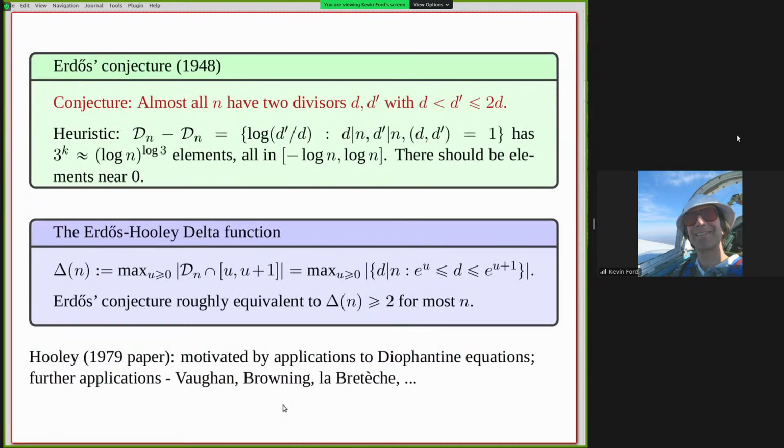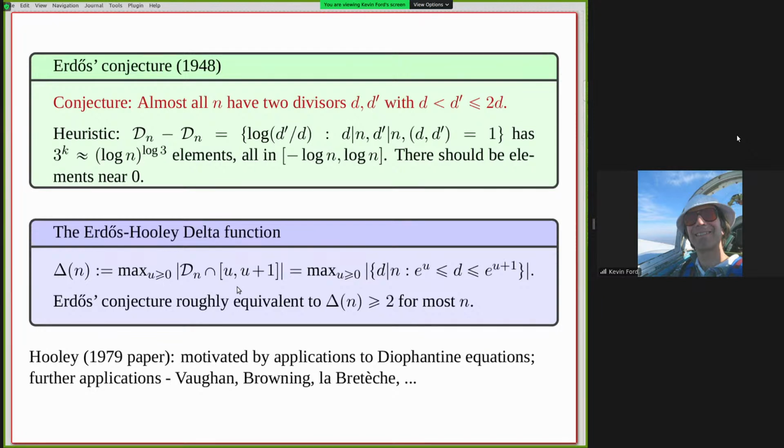It was extended to, okay, so here's Erdős's heuristic again. In the 1970s, Erdős and Hooley independently invented a concentration function called the delta function.